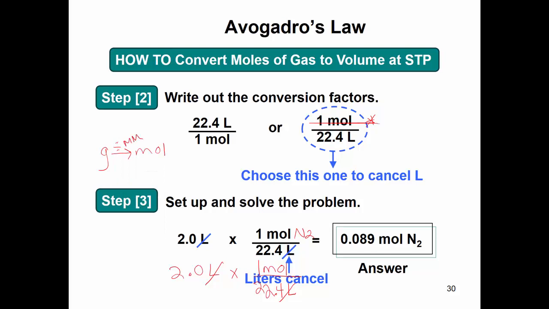So if you were given grams, you would take that mass and divide by the molar mass. Molar mass is where we go to the periodic table and we add up the atomic weights for the compound or for the gas or the element, and we divide by that molar mass to give us moles. And then you would just do this same exact step. So once you got to moles, then we could go to liters.